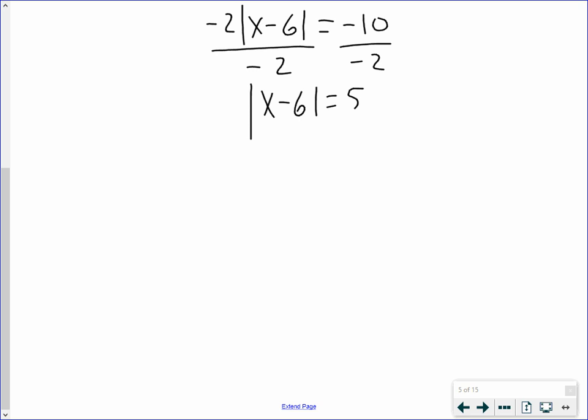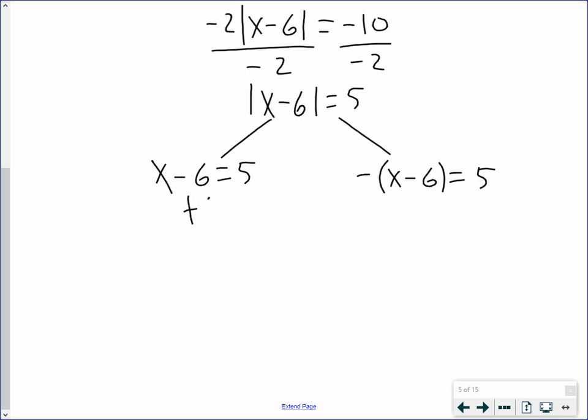So like we did last problem, we're going to account for both scenarios: when x minus 6 is positive and when x minus 6 is negative. So x minus 6 equals 5, or when x minus 6 is negative. So solve for x. We'll add 6 to both sides for the left one.